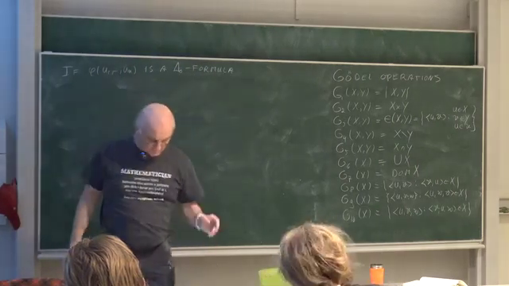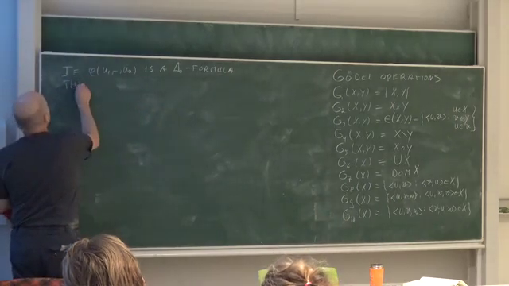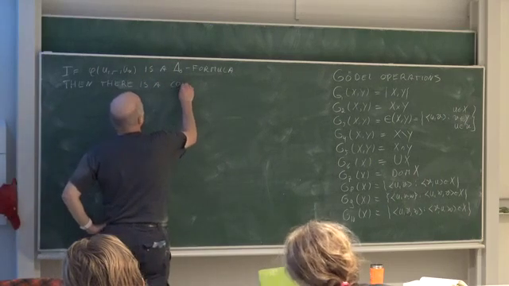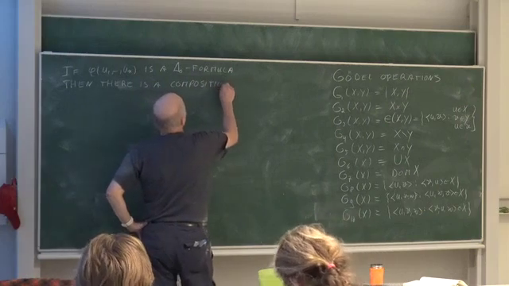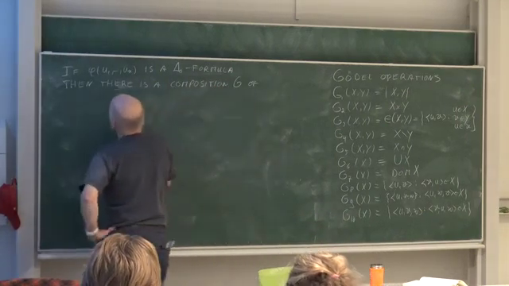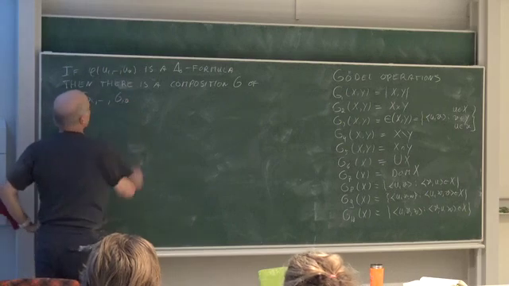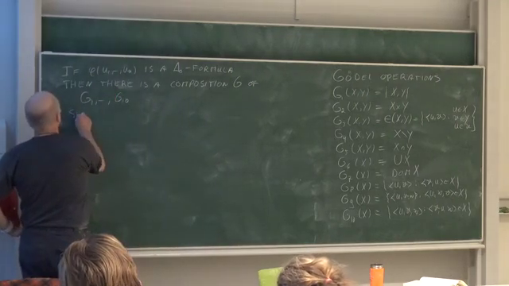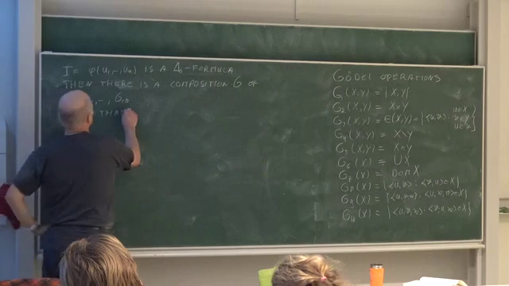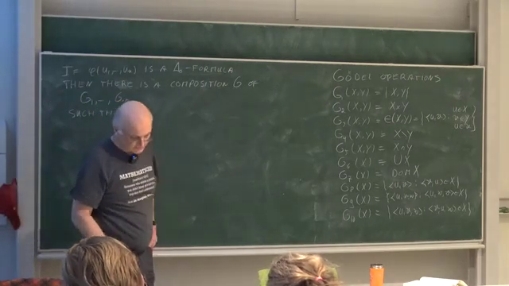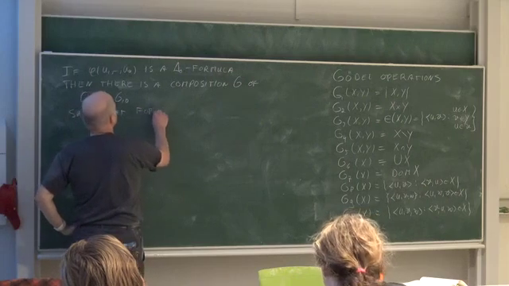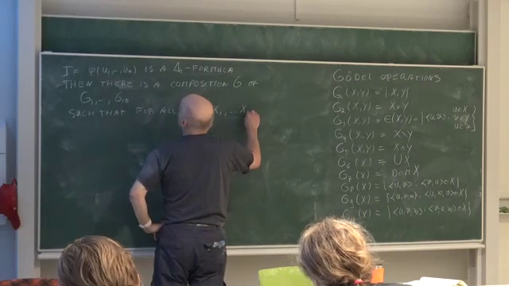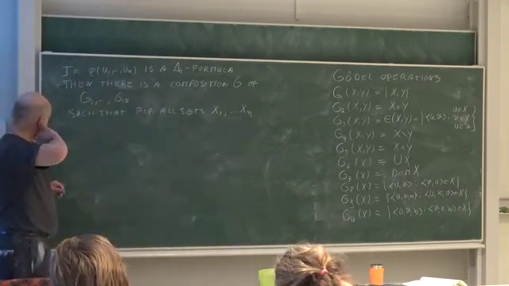Suppose you have a delta zero formula. Then you can find a composition of G1 up to G10 such that... how many variables? I had n variables in my formula.